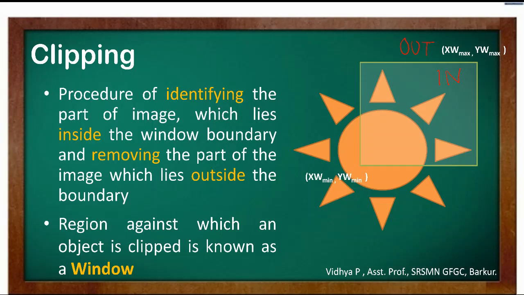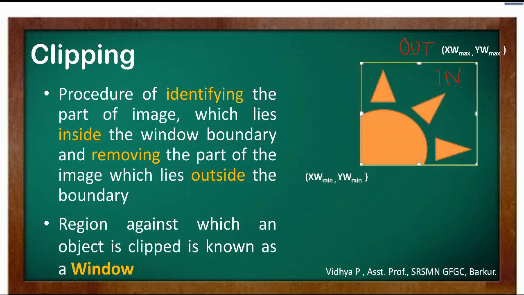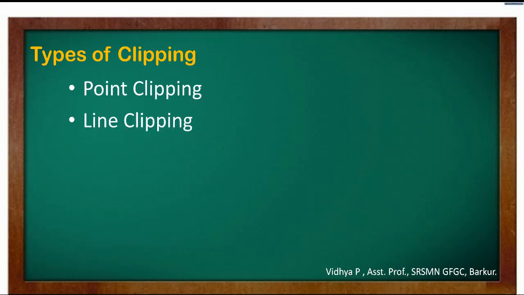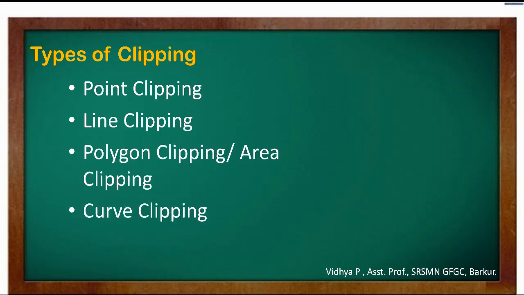So we have to achieve this with our clipping. We have different types of clipping: point clipping, line clipping, polygon clipping or area clipping, curve clipping and text clipping. We will discuss point clipping, line clipping, and polygon clipping or area clipping in my videos.